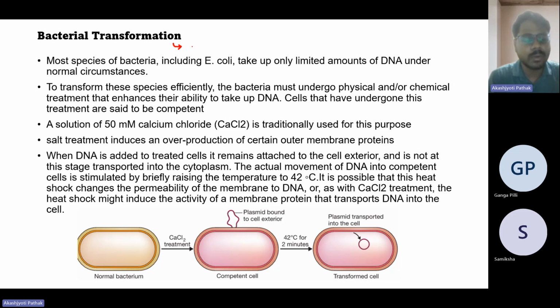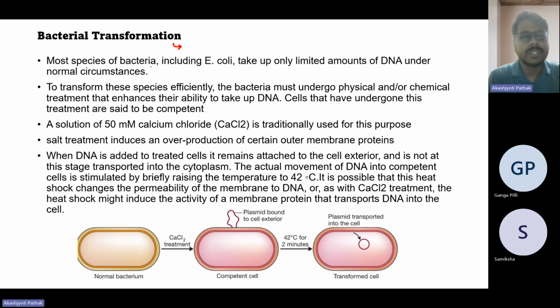If you want to transform any plasmid into a bacteria, you have to chemically treat the bacteria. It is difficult to transform any plasmid in bacteria, so you have to chemically treat the bacteria so that it can uptake the plasmid, or DNA, from the surrounding environment.